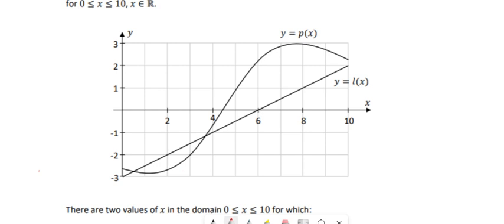It's hard to see really, but it's just going to be where our tangents are going to be parallel with the line L of x, or L dash x in this case. So we want tangents to the curve p of x that are parallel to that.